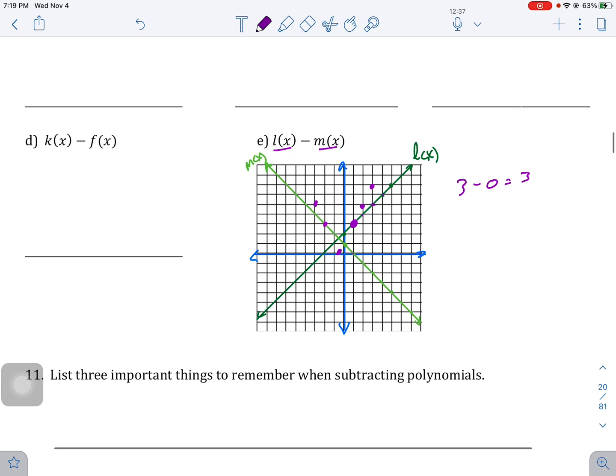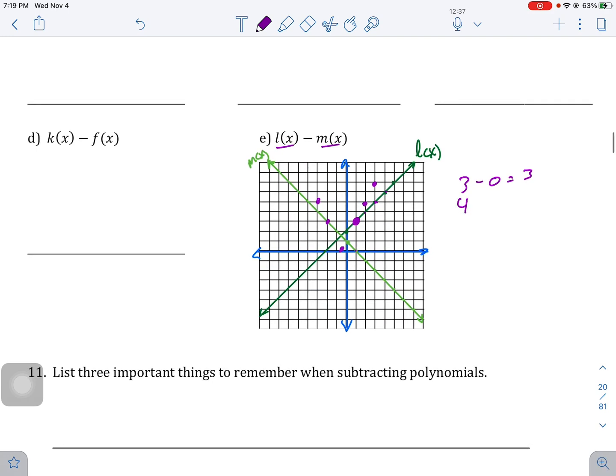Then I've got a point at 4 minus negative 1, which gives me 5. And another one at 5, and goes down to negative 2. So 5 minus negative 2 is equal to 7.